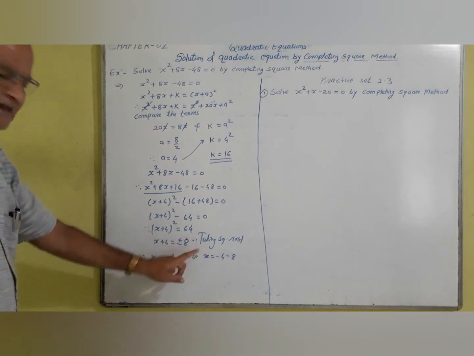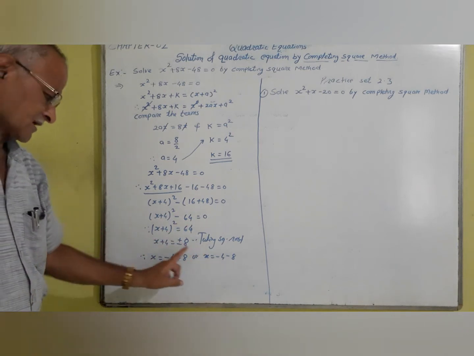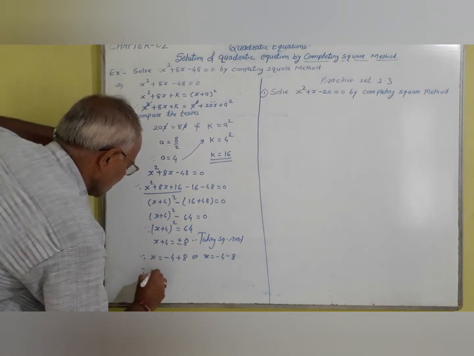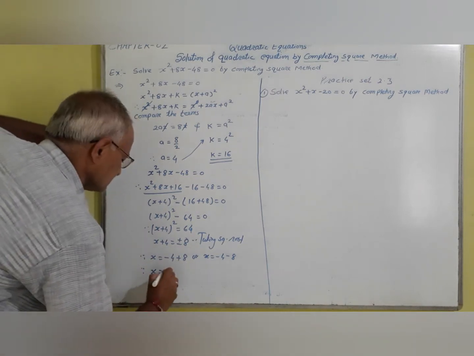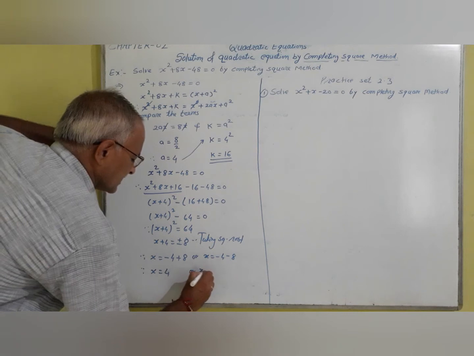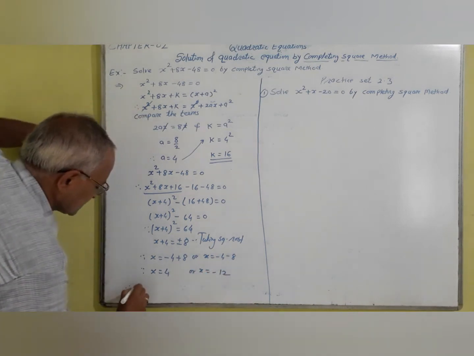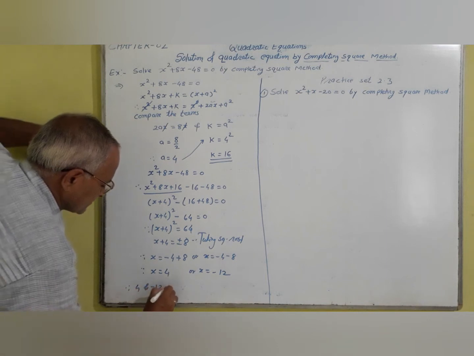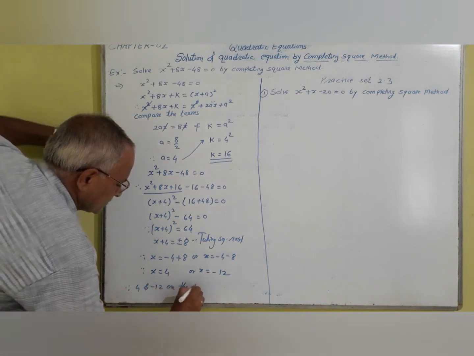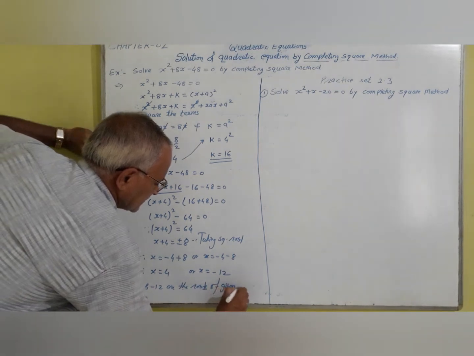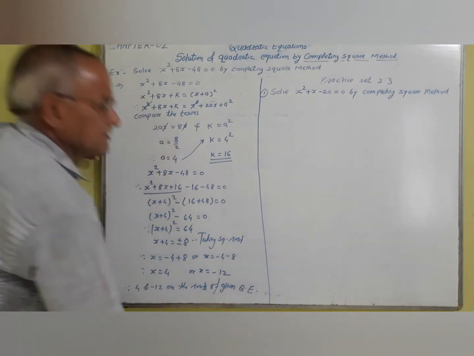Plus 4 taken to right side, therefore it becomes minus. One time plus and one time minus. Therefore, x is equal to 8 minus 4, that is 4, or x is equal to minus 4 minus 8, that is minus 12. Therefore, 4 and minus 12 are the roots of the given quadratic equation.